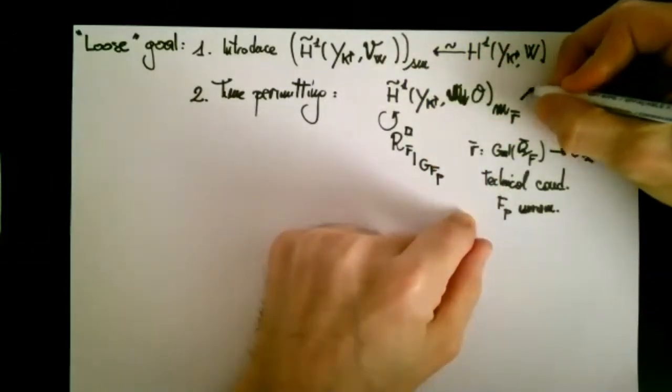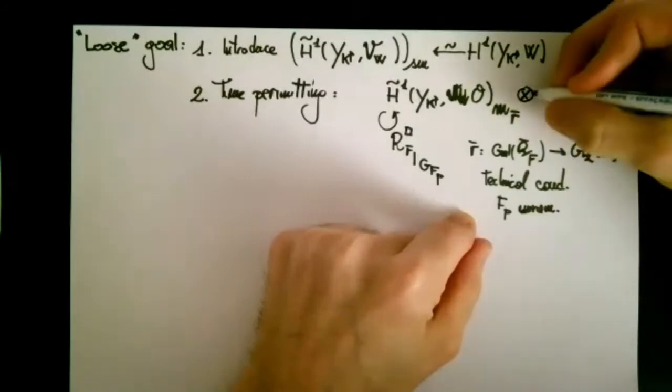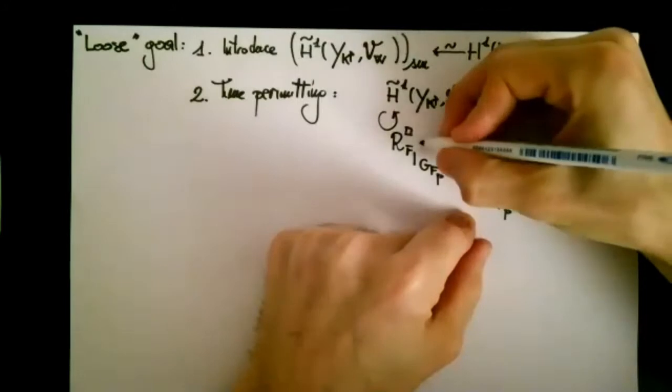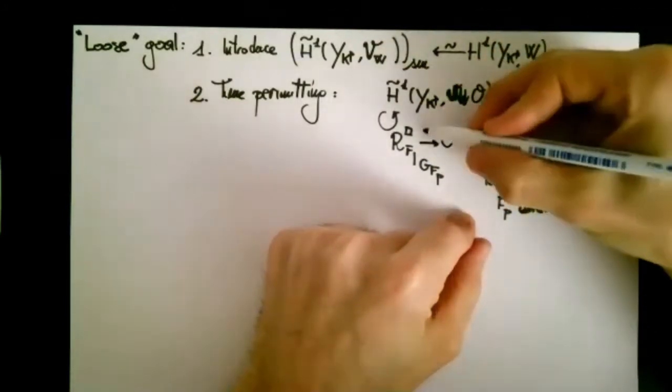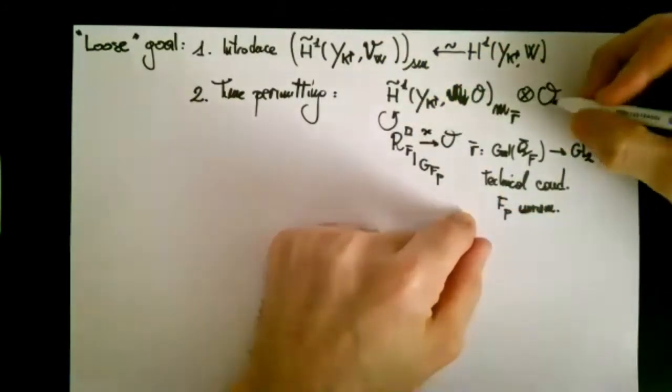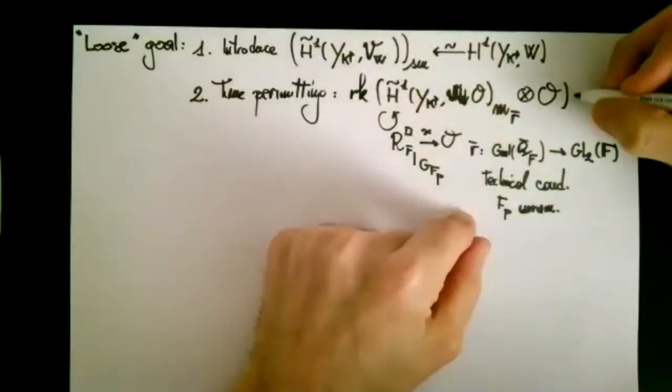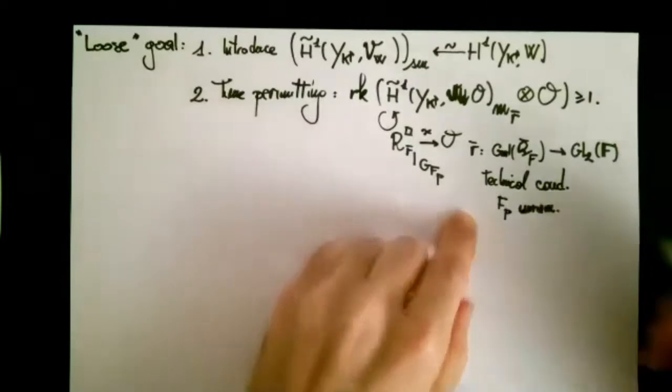And what happens is the following: if I consider a map here, x, then the rank of this object is bigger than 1.